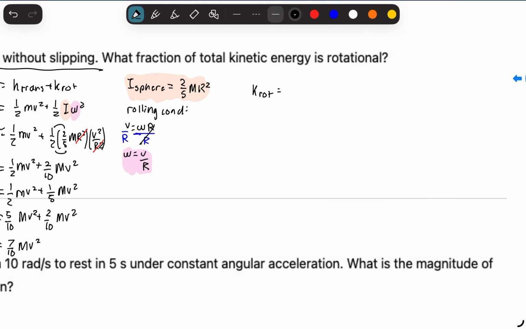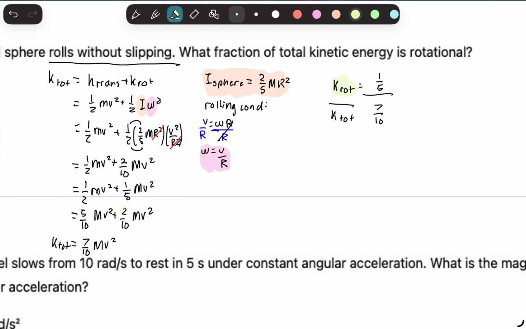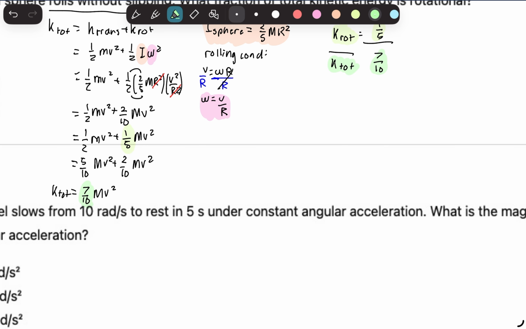So rotational is going to be 1/5, and our total is going to be equal to 7/10. The reason you can see that is because rotational has a fraction of 1/5, and our total has a fraction coefficient of 7/10.